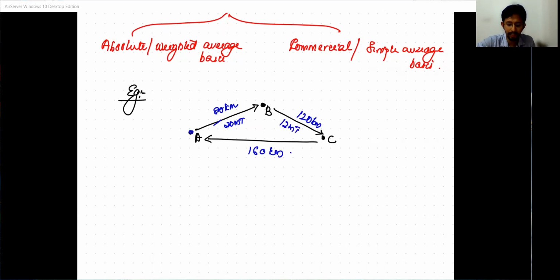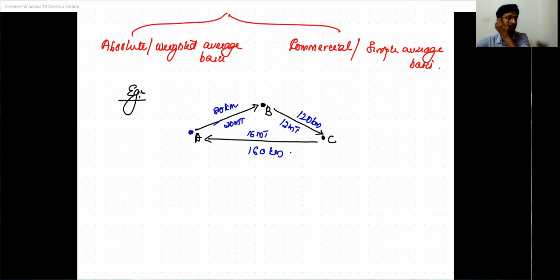And this 12 metric ton is unloaded at station C. Now, from C to A, it starts with a weight of 16 metric ton. So you know the distance traveled by this lorry, and you know the weight it was carrying over this distance. Now you have to find out absolute metric ton kilometer as well as commercial metric ton kilometer.